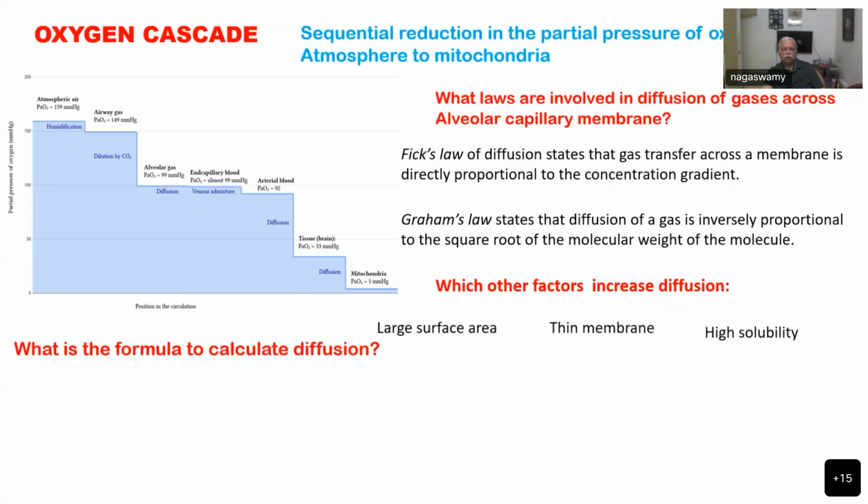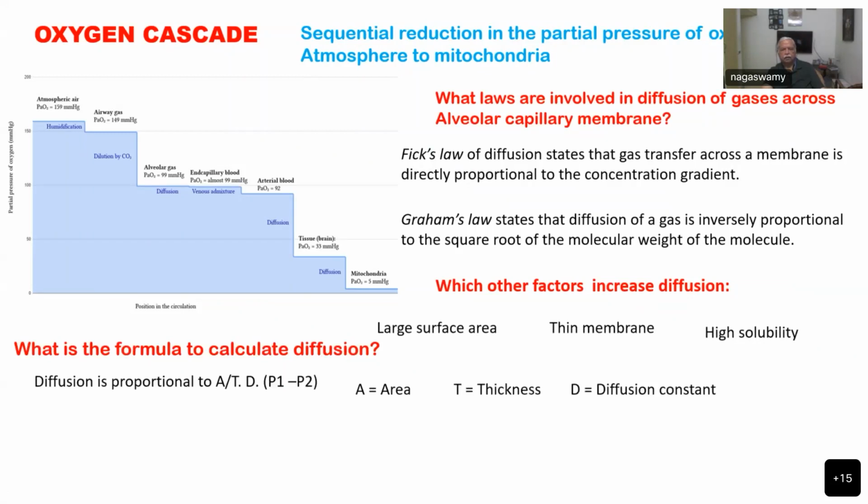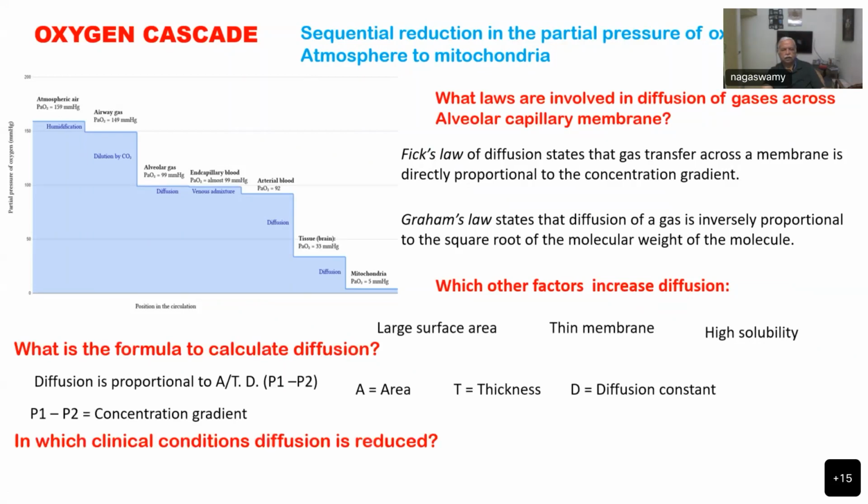So there is a formula to calculate the diffusion. This diffusion is proportional to A by T multiplied by D, P1 minus P2, where A is the area, T is the thickness of the alveolar membrane, D is the diffusion constant, and P1 minus P2 is the concentration gradient.